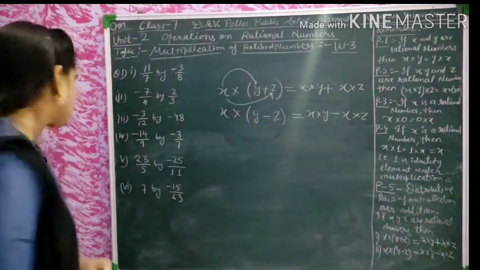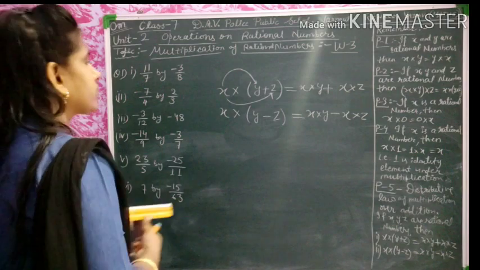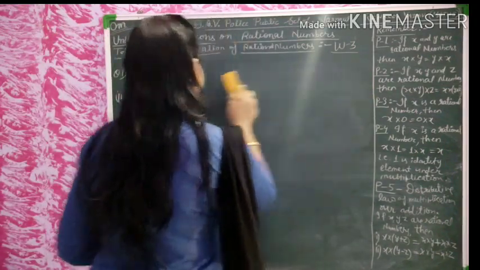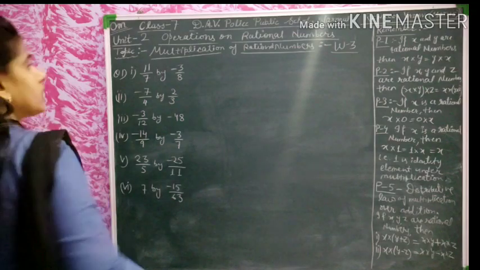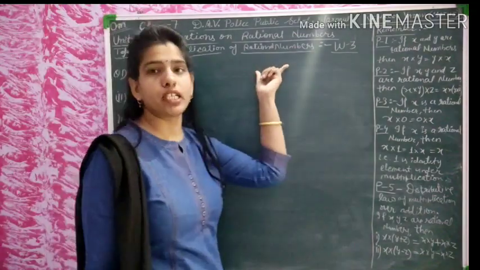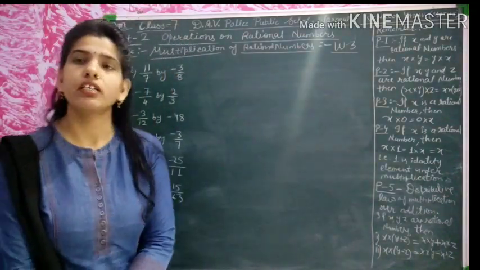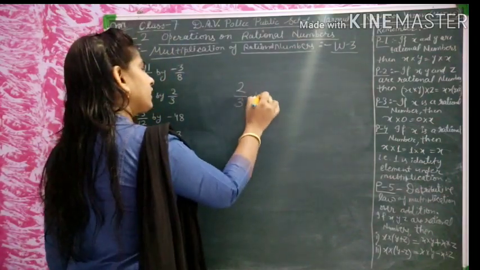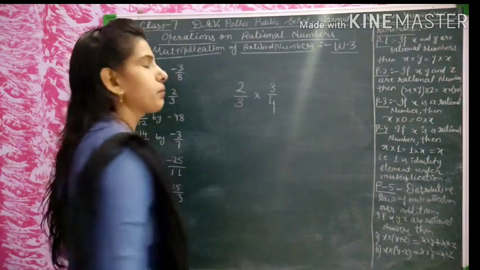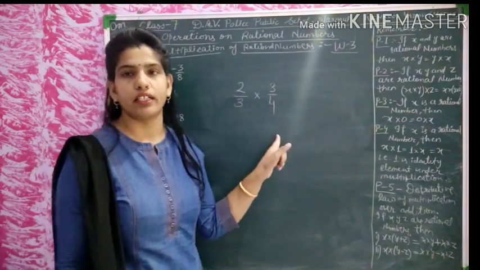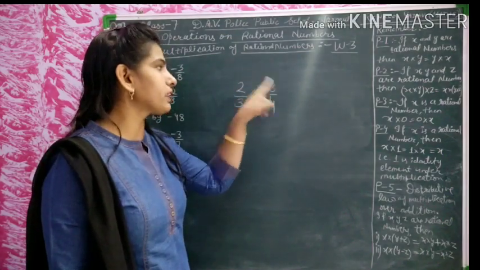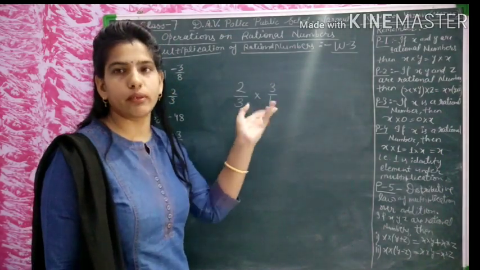Now come to the questions, worksheet first. In worksheet first, we are multiplying here. Firstly, I will tell you the multiplication of rational numbers. How do we multiply rational numbers? There is the number 2 by 3 into 3 by 4. But how do we multiply here? So students, there is no table for 2 by 3 and 3 by 4.